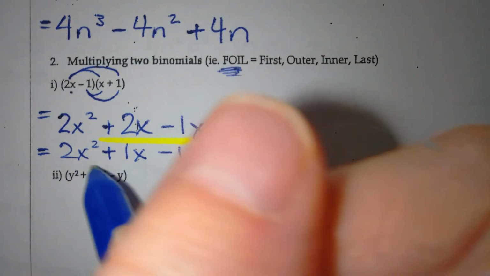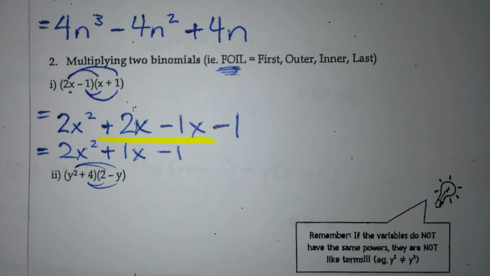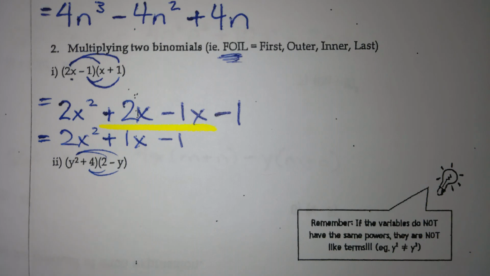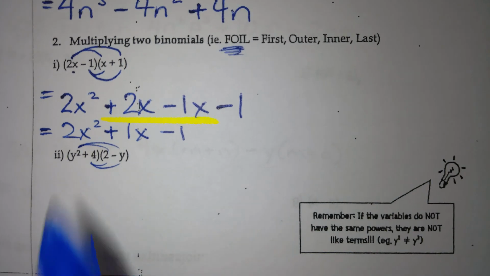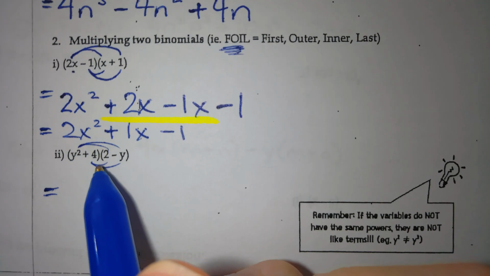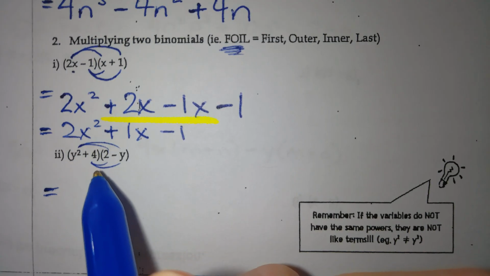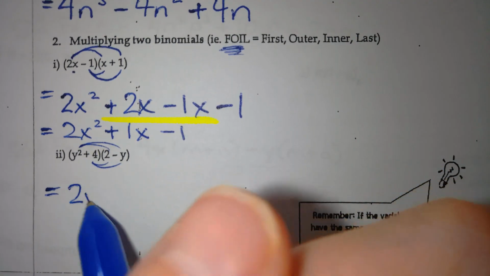So again, FOIL or crescent moon, whatever you want to call it. Who wants to give this one a try? Alina, can you help me with this one? We'll work together. So y squared times 2. Yep. 2y squared.